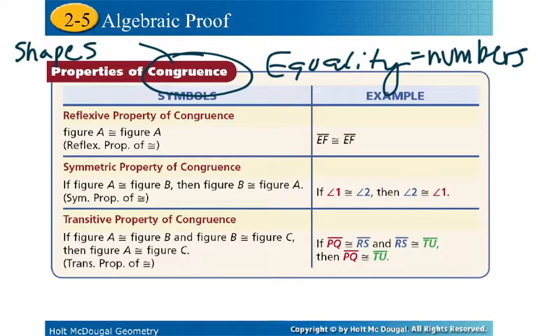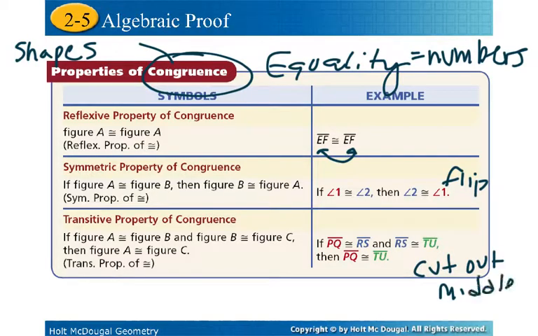So the reflexive property is still true when it comes to what it means. It just means that the same thing is equal to the same thing. Symmetric property is still meaning that you flip things. And then the transitive property is still meaning that you cut out the middle. All it is that there's just this extra symbol instead. So remember that equality would be your equal sign, but congruence is the equals with the little tilde on top.